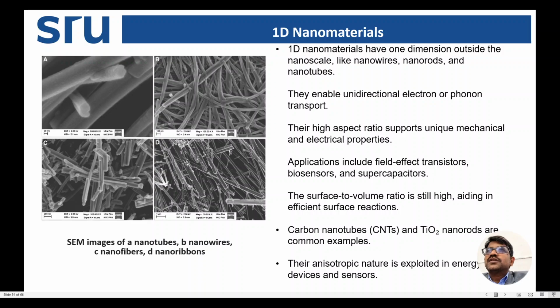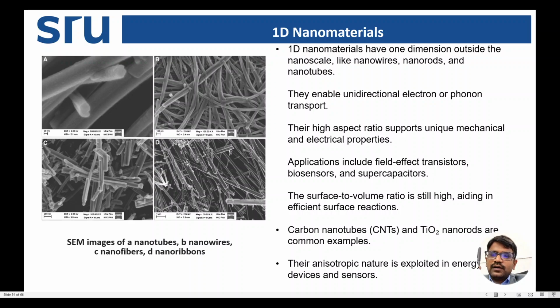One-dimensional nanomaterials have one dimension outside the nanoscale, like nanowires, nanorods, and nanotubes. What does it mean? For example, if you take any lengthy object like this pen, when compared to the diameter of this pen, the length is very large, much greater than the diameter, right?